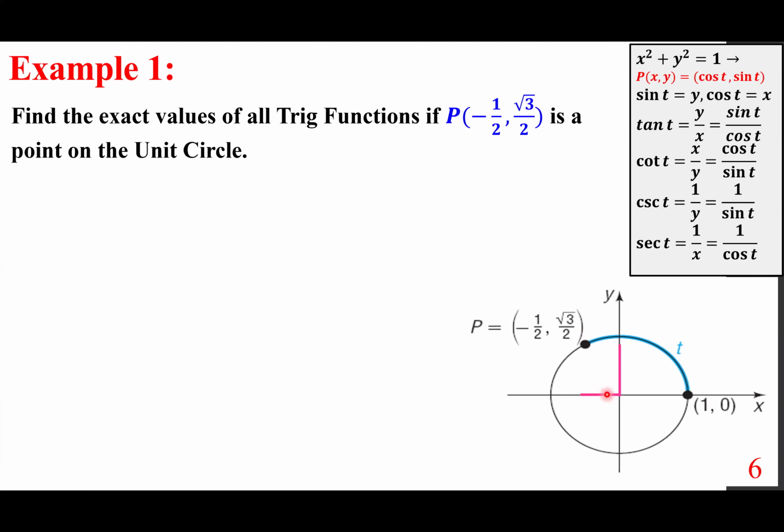So this is the x, -1/2, that means cosine. This is the y, square root of 3 over 2, that means the sine. So we write sine t is equal to the y coordinate, which is square root of 3 over 2. Cosine t equals the x coordinate, which is equal to -1/2.